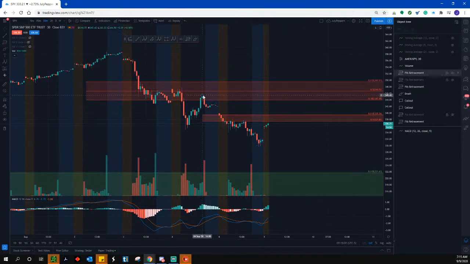I started at the top because we're measuring the impulsive move going down. I started at the top, came to the bottom, the low, and then the fib retracement tool automatically gave me these levels. So the 5 and the 618. So right now, this is major resistance, okay? And we're getting ready to test it again for the third time.